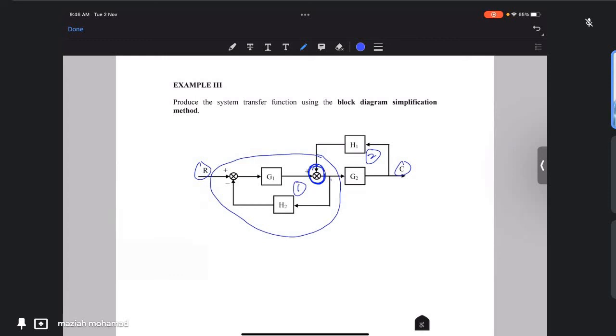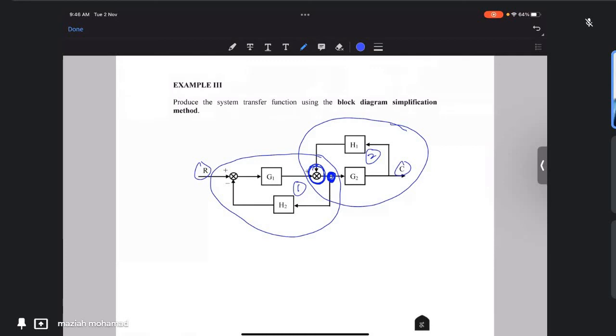If we consider the second loop here, it is due to the pick-off point. Due to the pick-off point between the summation point and G2 there, we cannot solve the feedback loops.